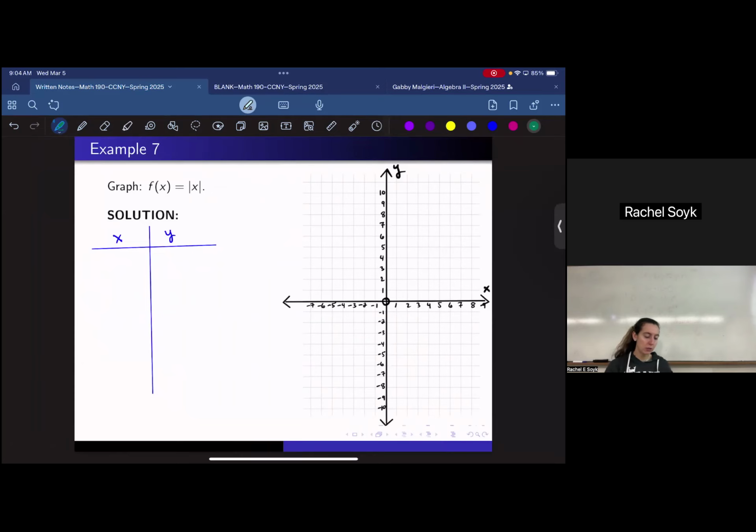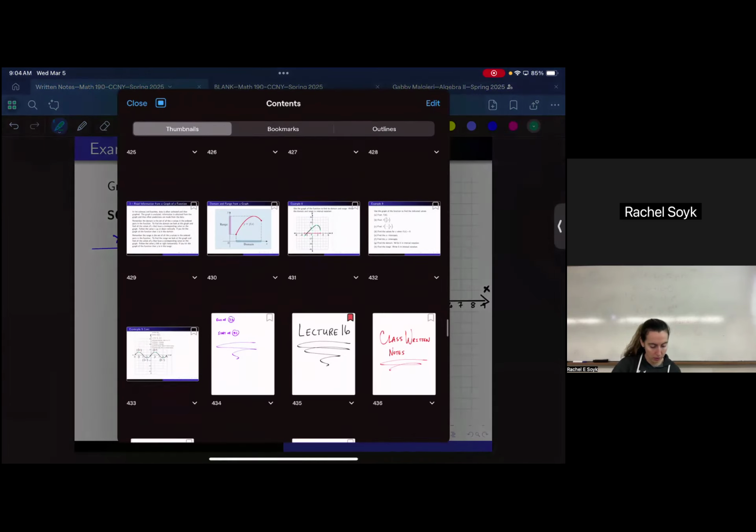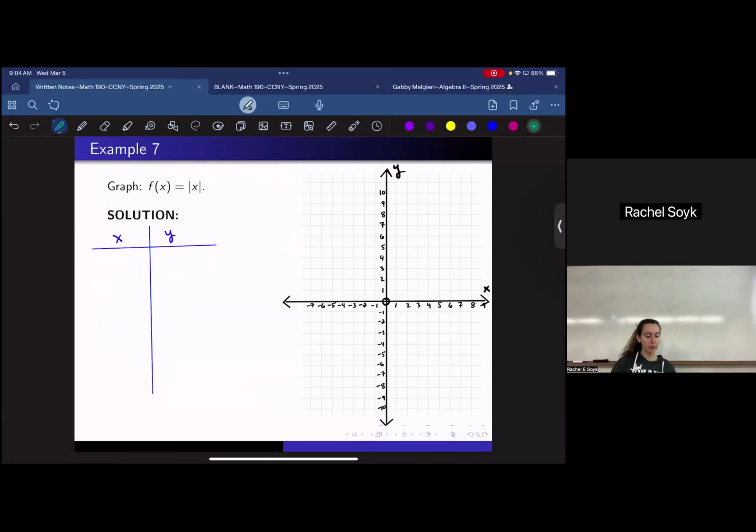Right. Absolute value. I want to see how many slides we have left. About 7 slides left. Okay. Absolute value is going to look like a V. Once again, let's choose good X values. -2, -1, 0, 1, 2.